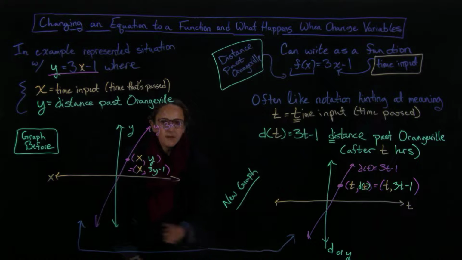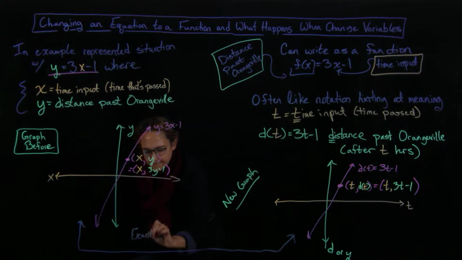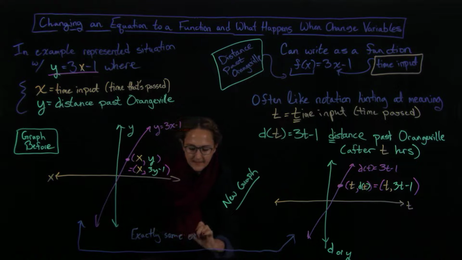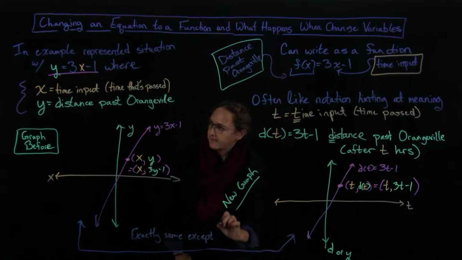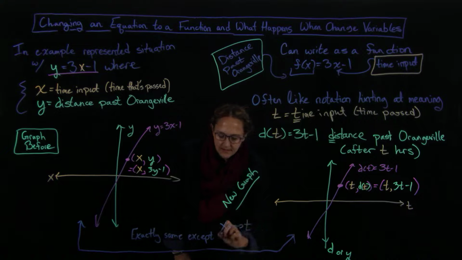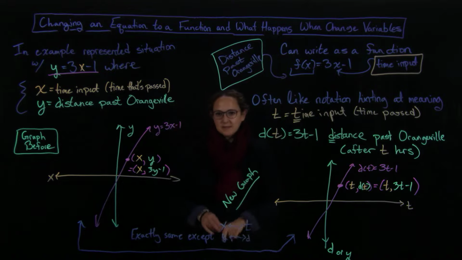Carefully there. Okay, so these are exactly the same, except that over there we have x, and that gets interchanged with t, and y gets interchanged with d, or d of t, depending on this.